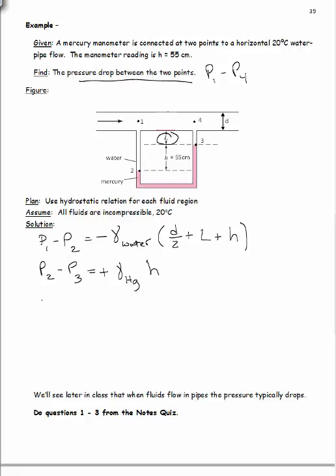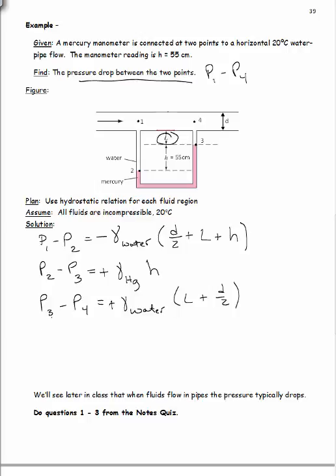Okay, let's do P3 minus P4. Okay, water. And what we have in here is L plus D over 2. All right, and 3 is deeper than 4, so 3 has a bigger pressure, so again, we got positive.